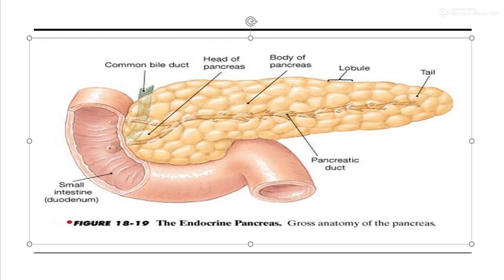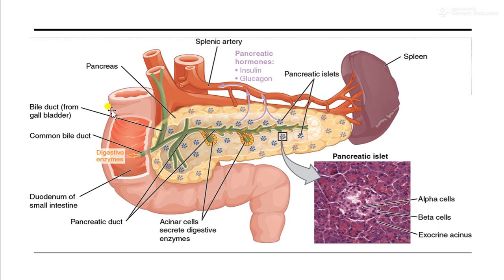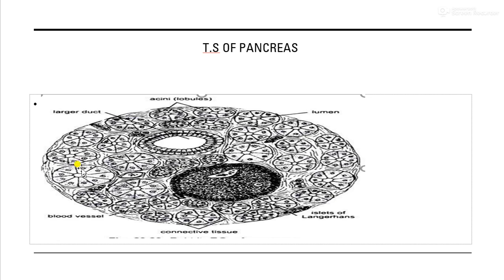Now you can see here another picture. Look at this. When we take the TS of the pancreas, you can see that this pancreas is a mixed gland. Why is it called a mixed gland?